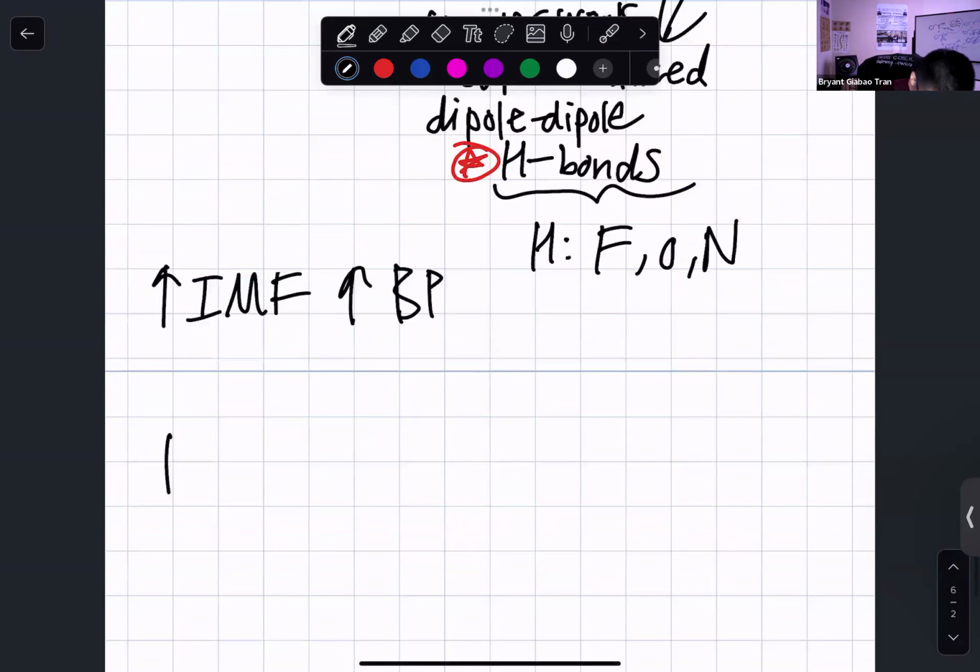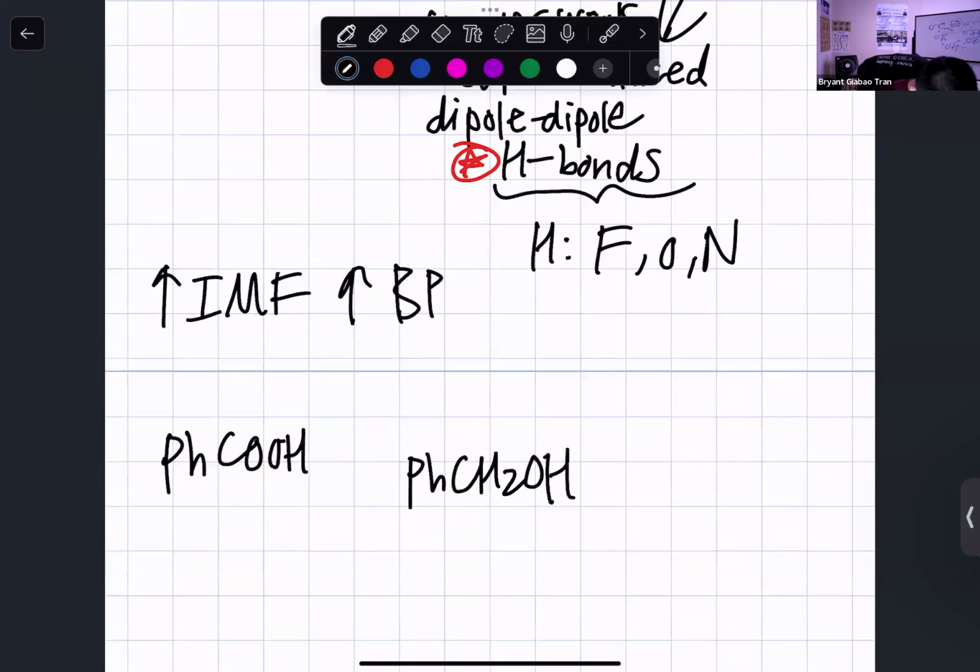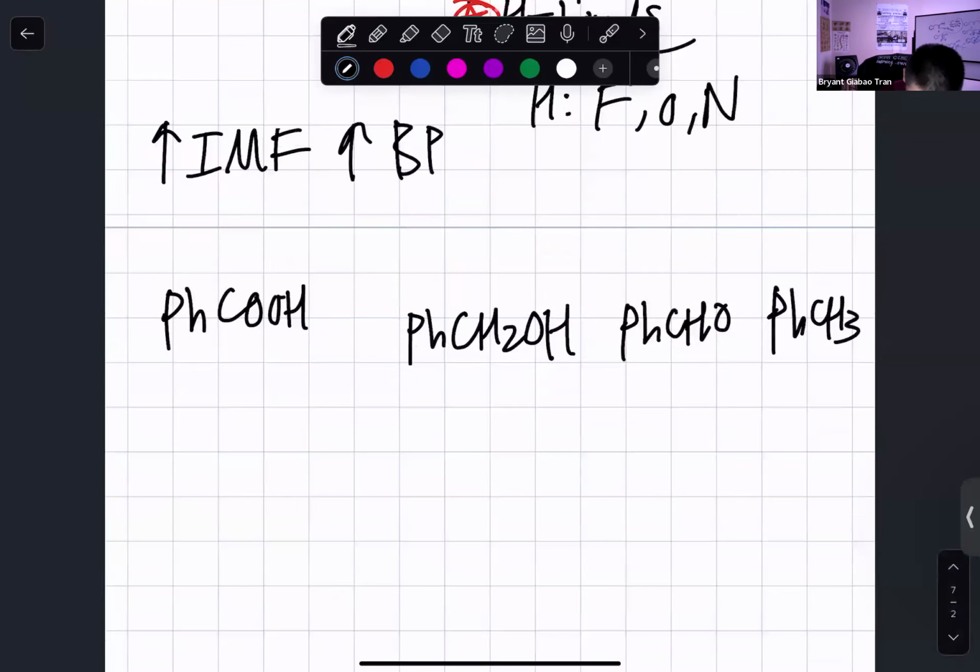They gave us benzoic acid, this one, benzaldehyde, and toluene. Okay, let's draw this out in bond line form.